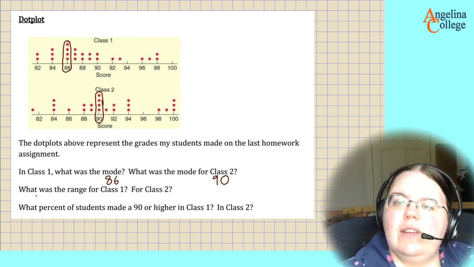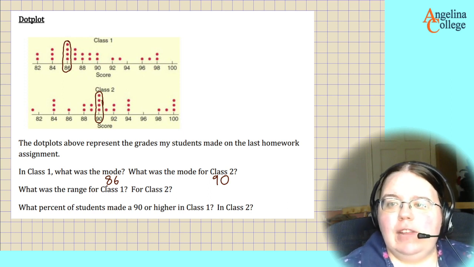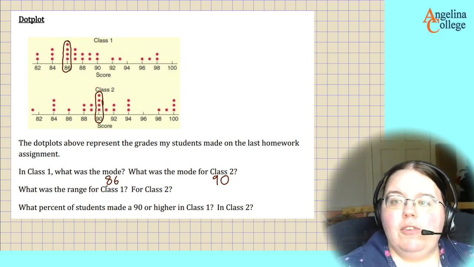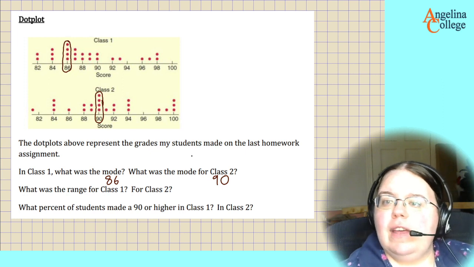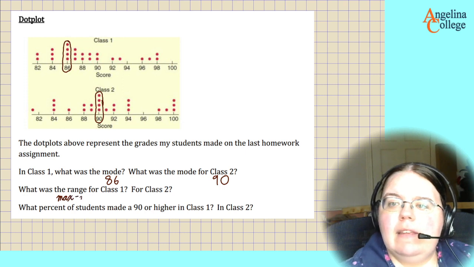So this next question asks, what was the range for class 1? Now, you might remember this from a video that you may have seen shortly before this, but in case you're watching out of order or didn't watch that one, I'm just going to remind everyone that range is the maximum minus the minimum.